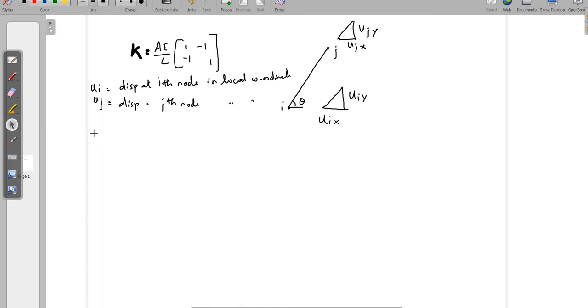Now I am going to write down the equation for the horizontal displacement in the local x direction. How can I represent the displacement at the ith node with the global coordinate system? If you want to get the displacement along the inclined axis, you have to resolve this Ui X with respect to the inclined coordinate.